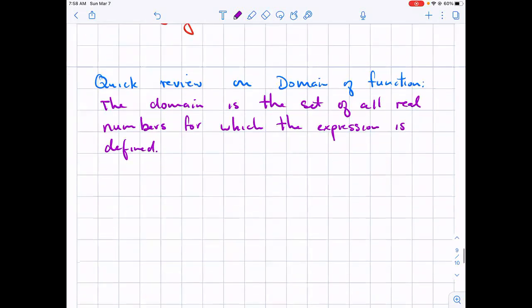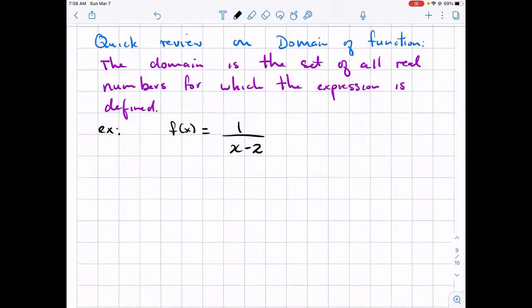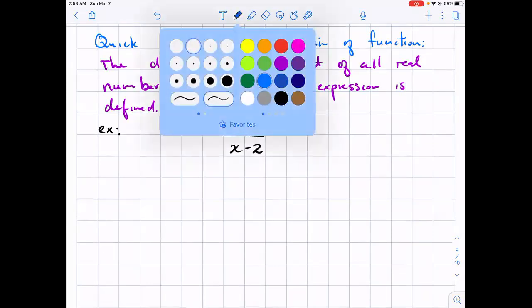For example, if we have f of x is equal to 1 over x minus 2, notice the domain excludes x values.